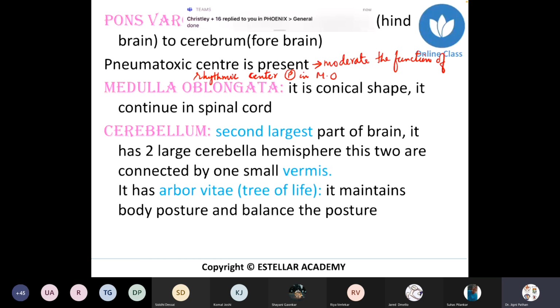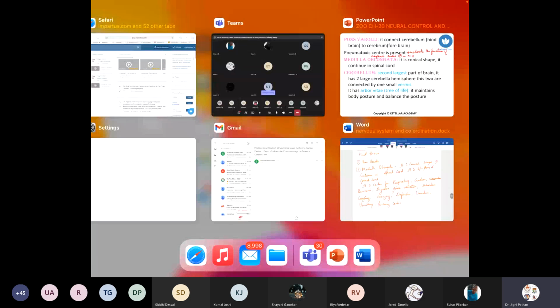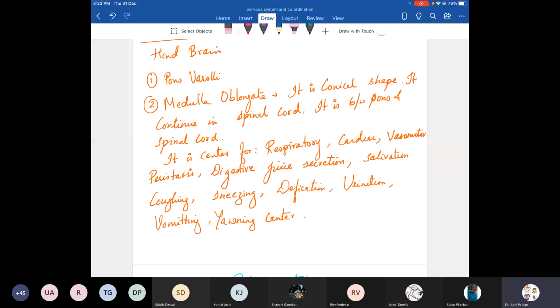Next. Medulla oblongata. What is a medulla oblongata? It's a conical shape. It continues into the spinal cord, and is present between the pons and the spinal cord. It is a center for respiratory, cardiac, vasomotor, peristalsis, digestive juice secretion, salivation, coughing, sneezing, defecation, urination, vomiting, and yawning centers. All these centers are present in the medulla oblongata, a region between the spinal cord and pons.